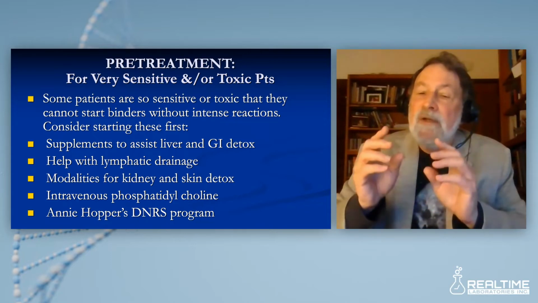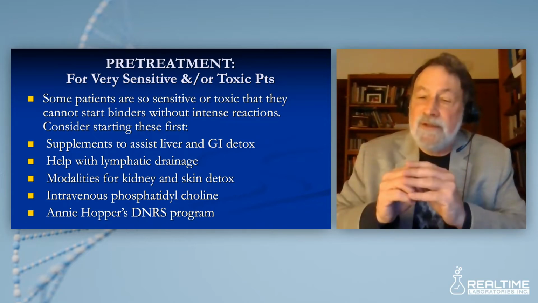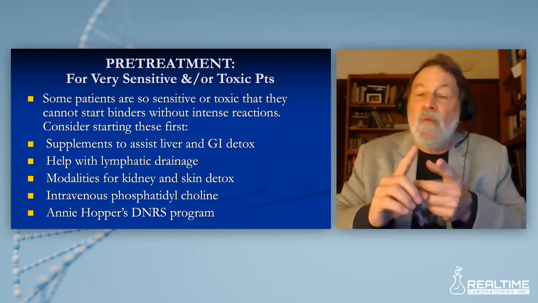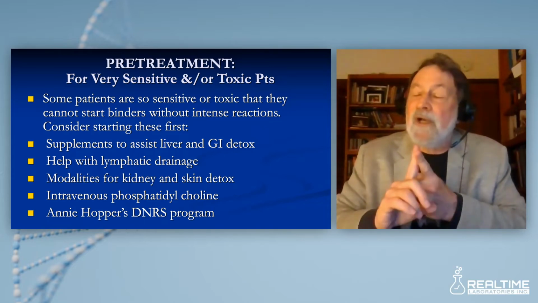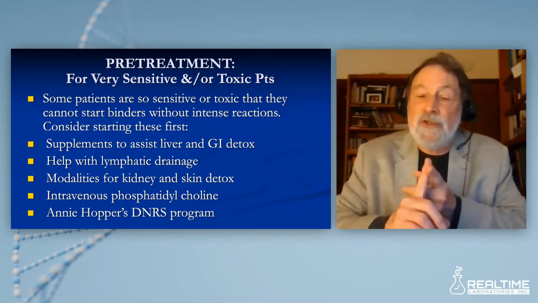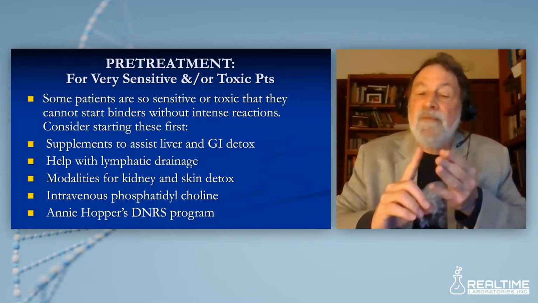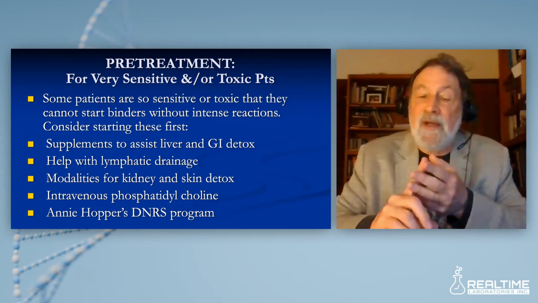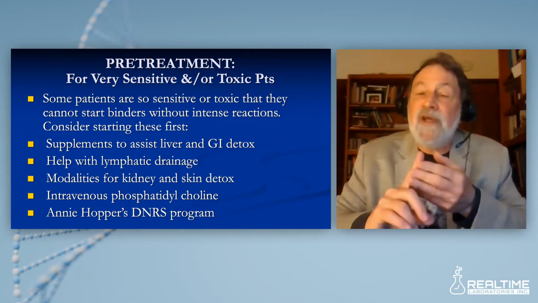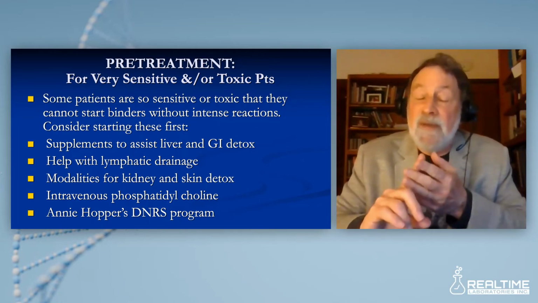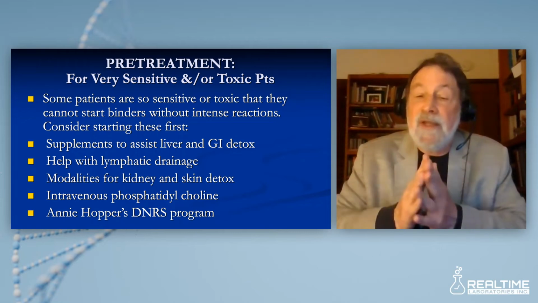So consider starting these first. Number one, work on assisting toxicity, which I'm going to cover in more detail shortly. Help with lymphatic drainage. Help with modalities for the kidney and skin. The intravenous phosphatidylcholine is really helpful for some of these patients. So these can be very helpful.